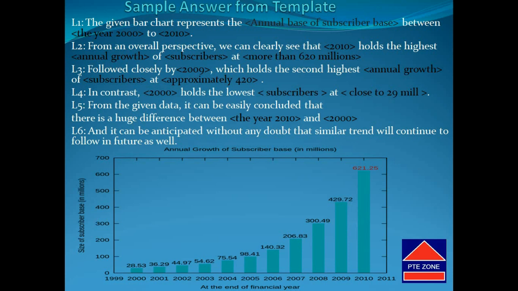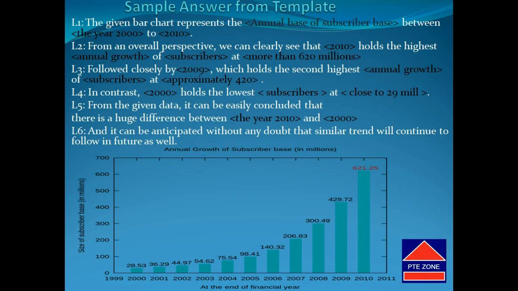From an overall perspective, we can clearly see that the year 2010 holds the highest annual growth of subscriber at more than 620 millions, followed closely by the year 2009, which holds the second highest annual growth of subscribers at approximately 420. In contrast, the year 2000 holds the lowest subscribers at close to 29 million. From the given data, it can be easily concluded that there is a huge difference between the year 2010 and 2000.